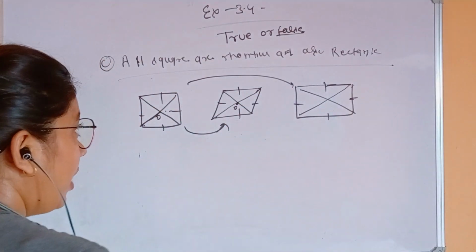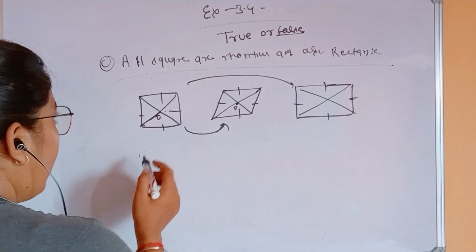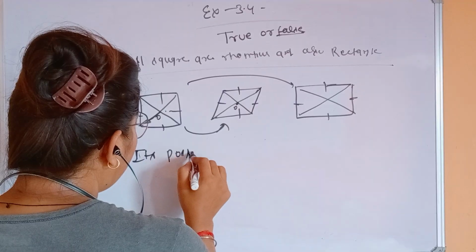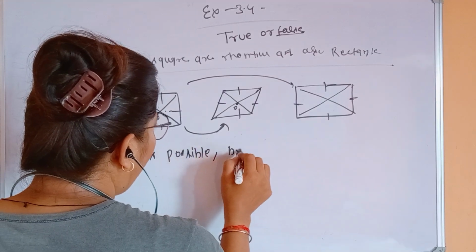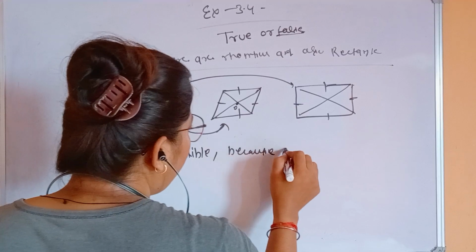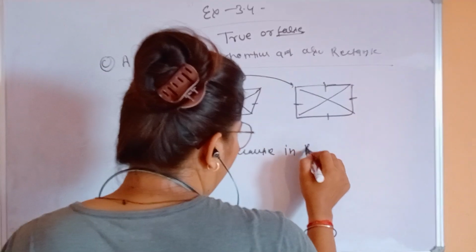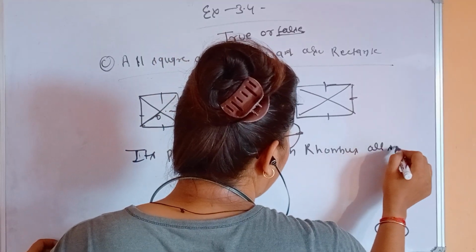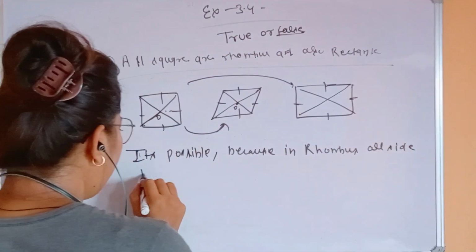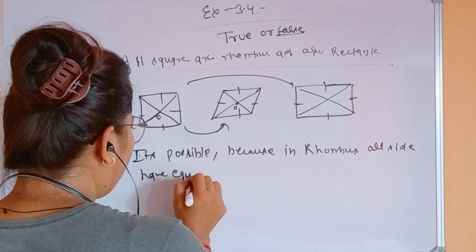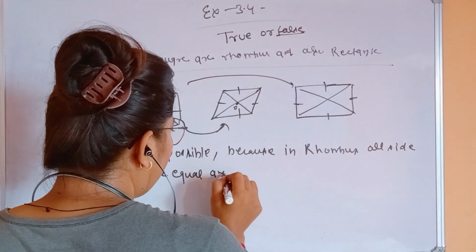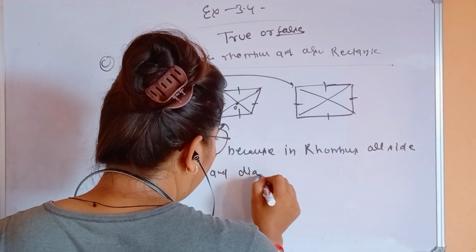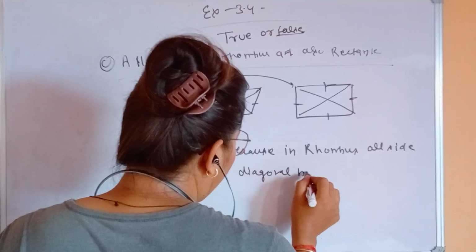So what do we write as the reason? It is possible here because in a rhombus all sides are equal and the diagonals bisect each other.